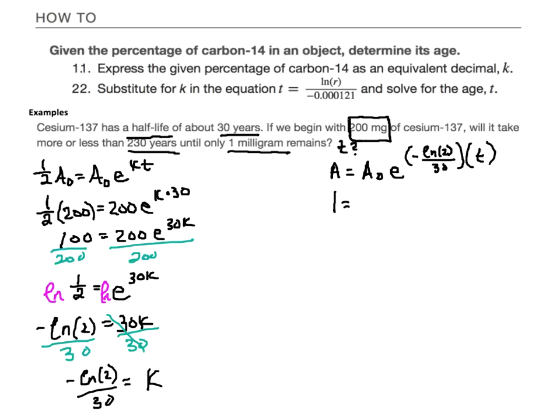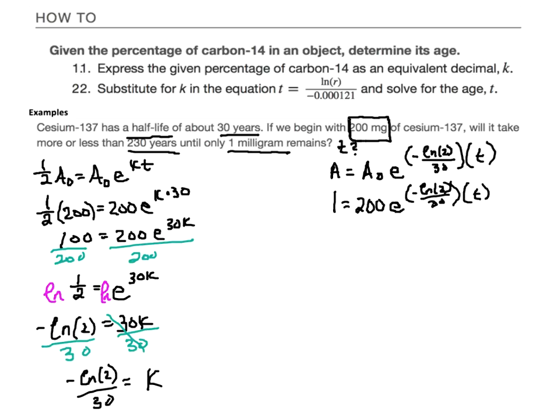So I'm going to plug in 1 for my A value because that's what I'm wanting to see. I'm wanting to calculate how long it took for it to decay all the way down to 1 milligram. My initial amount was 200 milligrams times e to the negative ln of 2 divided by 30 times t. Going to go ahead and take the ln of both sides.